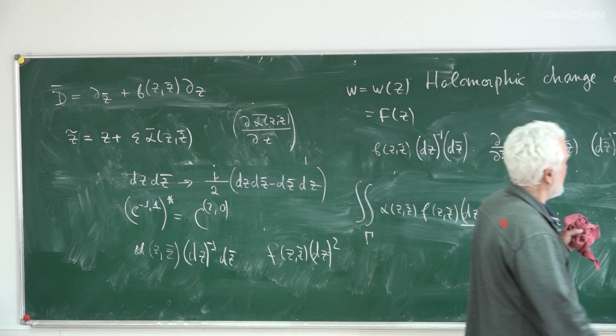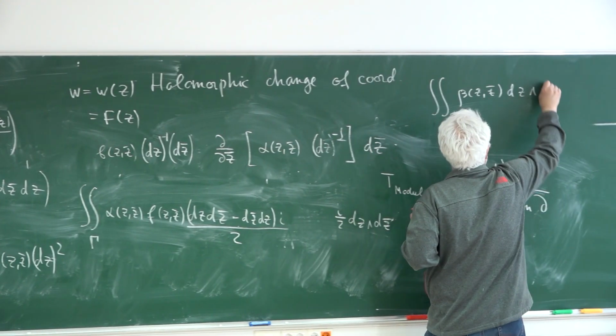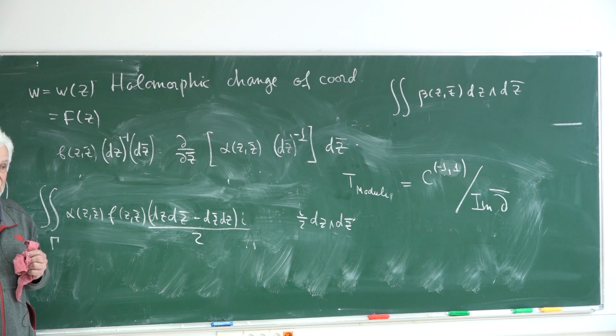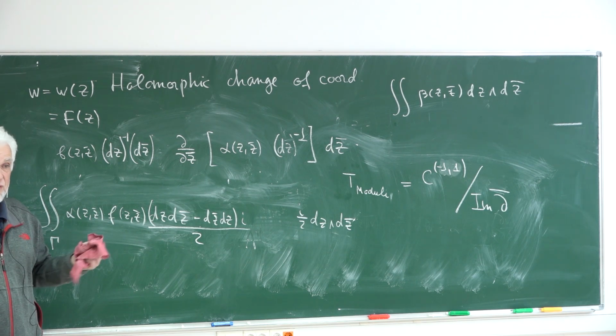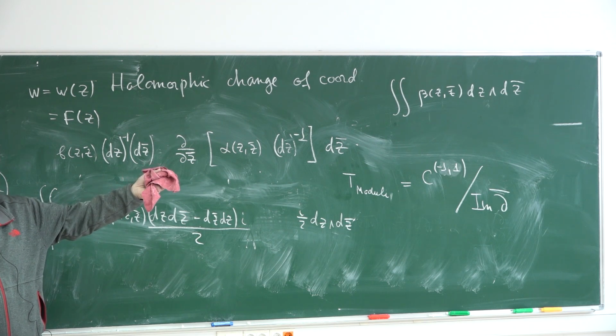Because what can we integrate? We can integrate forms of the form alpha, beta. What is the natural object of integration? You agree? What can we integrate over gamma? Only forms of this type. Is it okay?